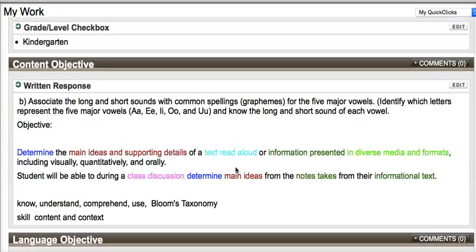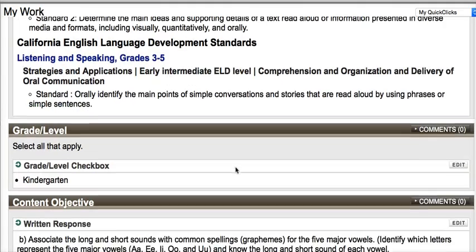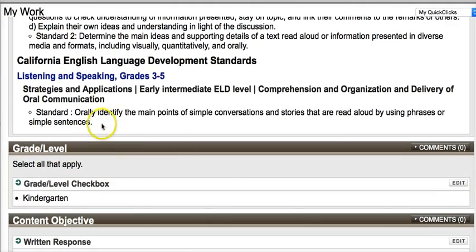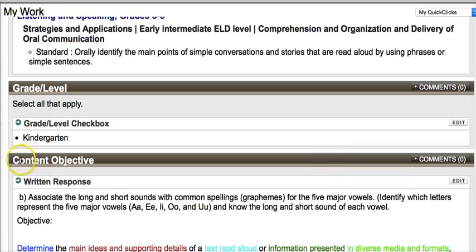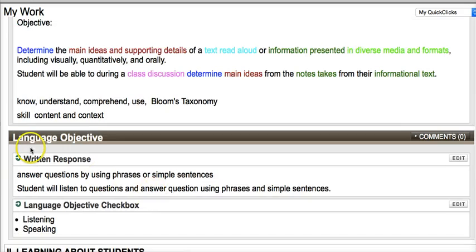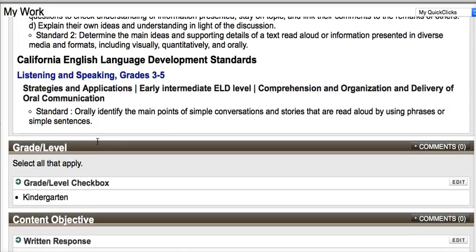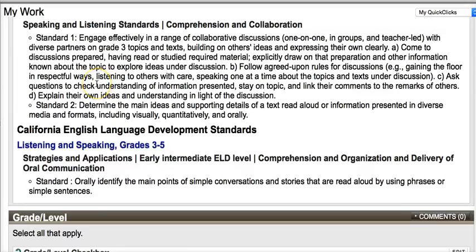All right, so now we're going to come back up here and look at language. In this particular case, we know the grade level is 3rd grade. I'm not going to change that. When it says content objective, we've got that. But when it says language objectives, it's really referring to the wedding of what they're going to do in plain English language arts, and what this student is capable of as an early intermediate ELD in order to satisfy my goals for this lesson.